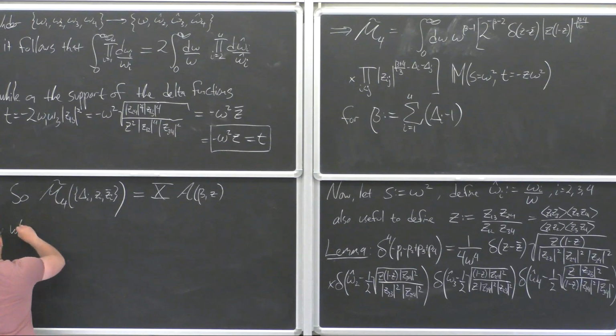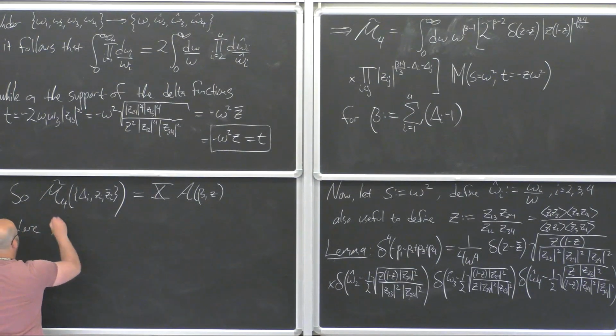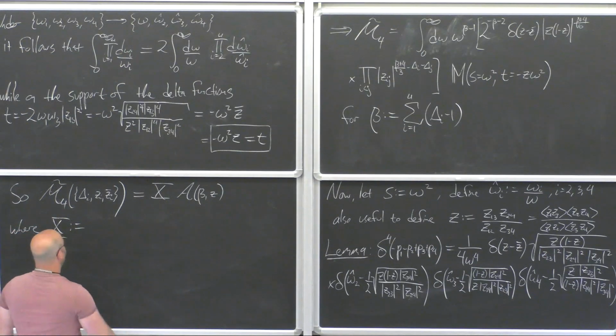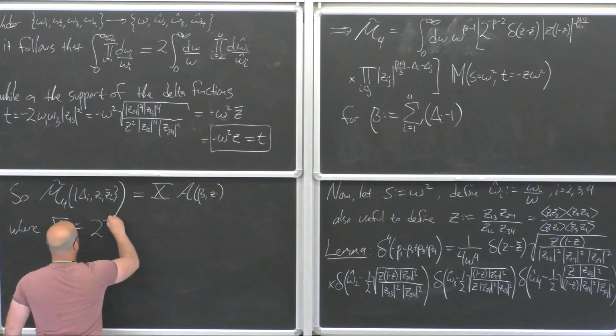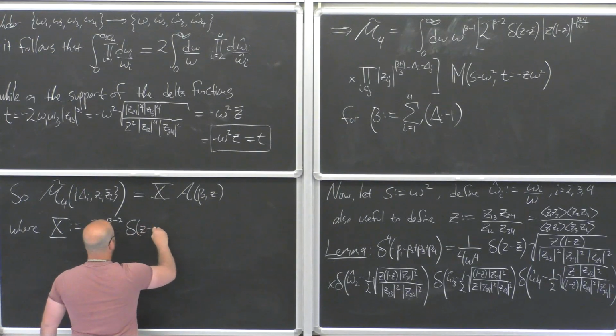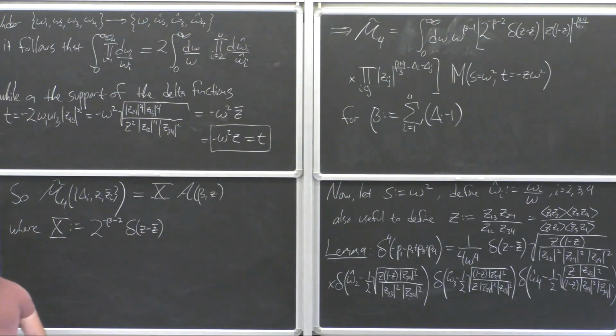Where x is this universal theory-independent prefactor that we wrote up there. It has this delta function that makes the conformal cross ratio real.